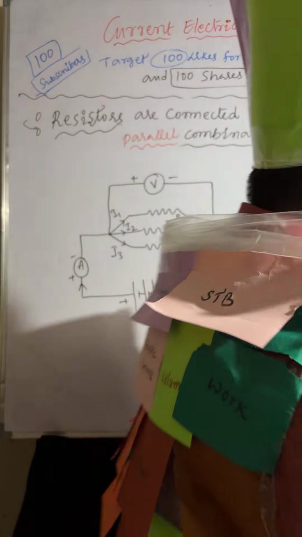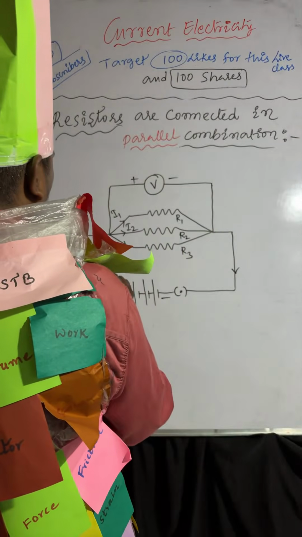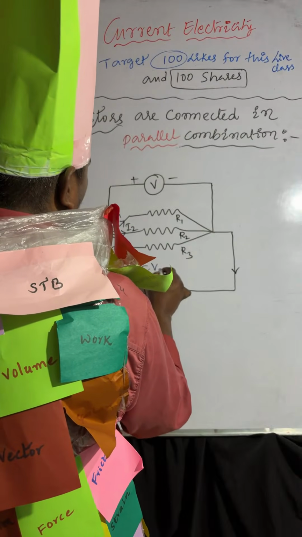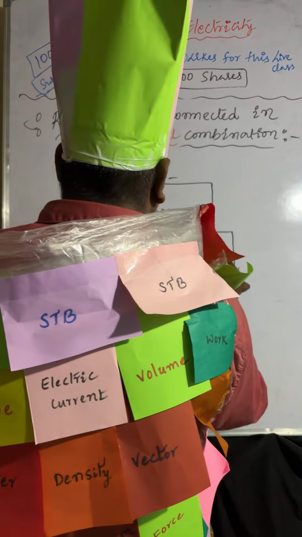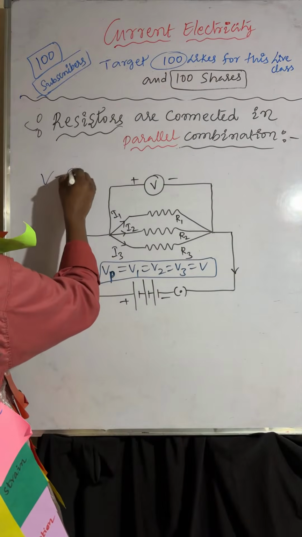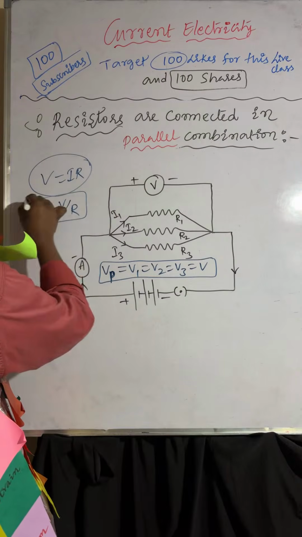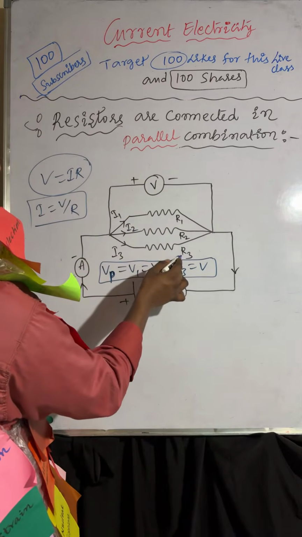So now resistors are connected in parallel combination. Here you can see the potential difference is same, that is Vp equal to V1 equal to V2 equal to V3 equal to V. From Ohm's law, V equal to IR, so I equal to V by R. Current is dividing: I1 through R1, I2 through R2, I3 through R3.